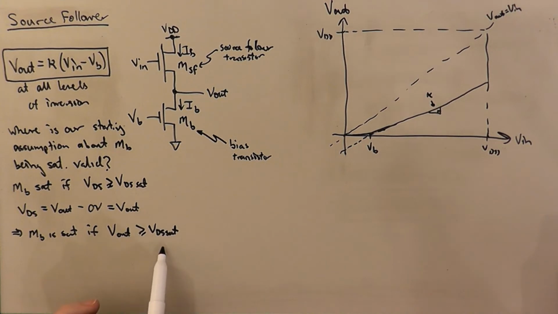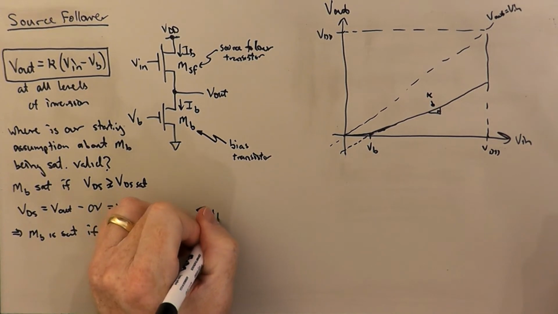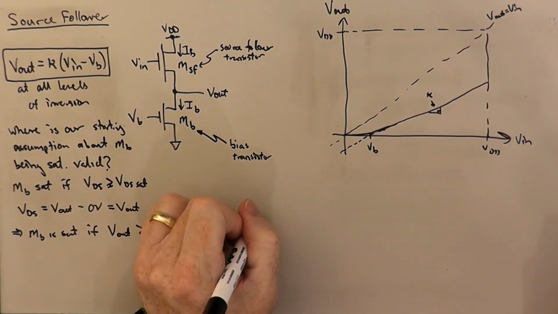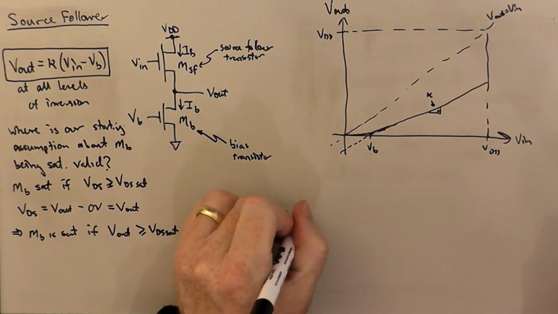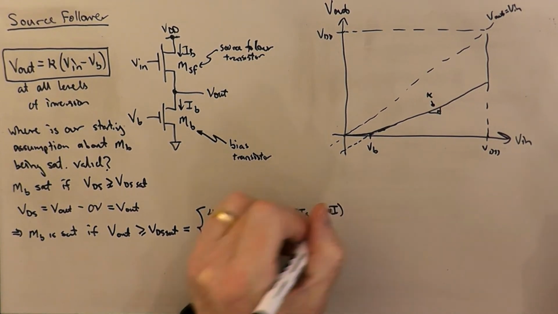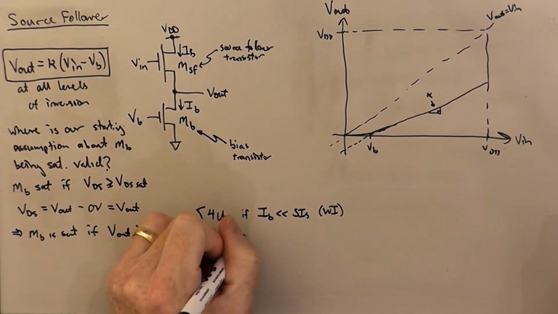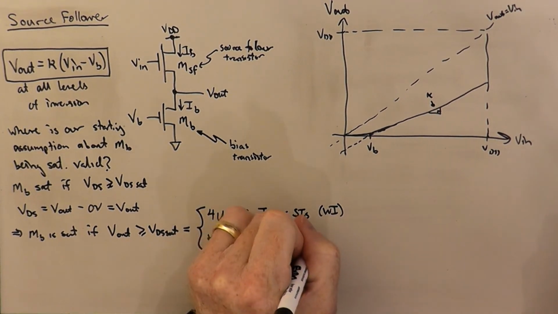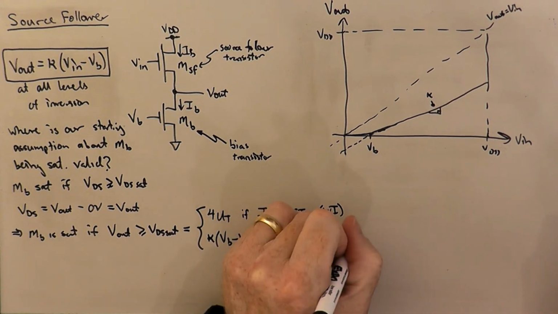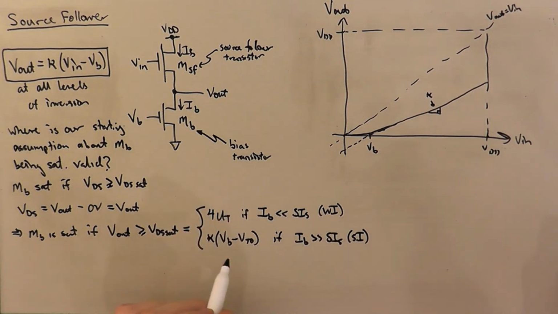Now VDS sat is about, say, 4 UT if IB is much less than IS, it's weak inversion, or it's kappa times VB minus VT0 if IB is much greater than IS, which is strong inversion. And it's something kind of starting out at 4 UT and kind of increasing to approach this in moderate inversion.